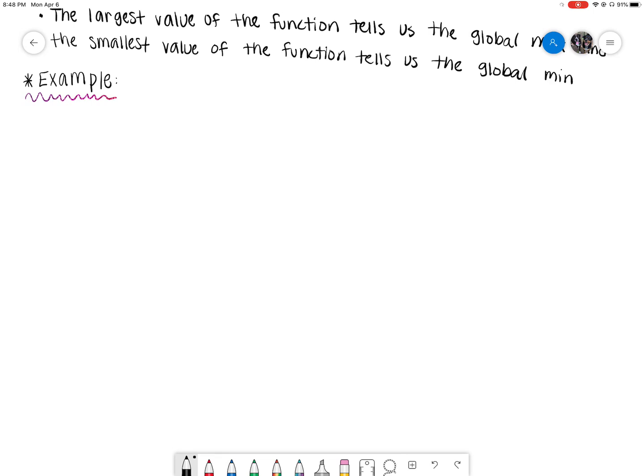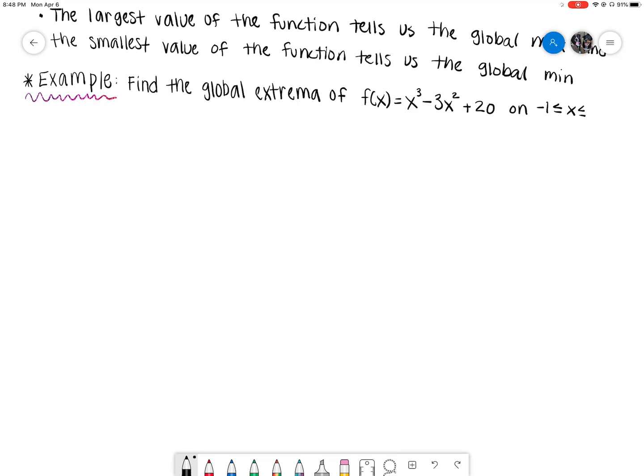So in this example, we want to find the global extrema of f of x equal to x cubed minus 3x squared plus 20 on the closed interval from -1 to 3.